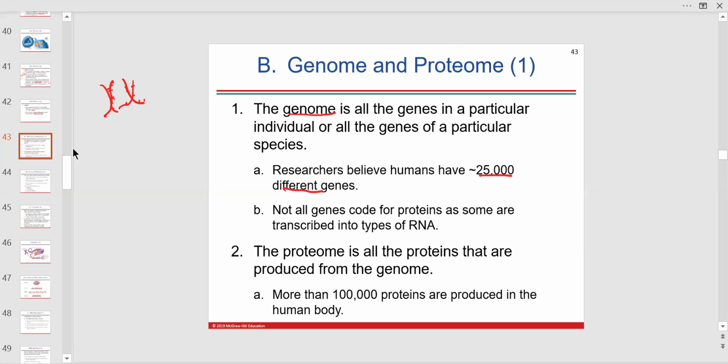So I'm just gonna tell you this: a somatic cell, anything besides a sperm or an egg, has 23 pairs of chromosomes.